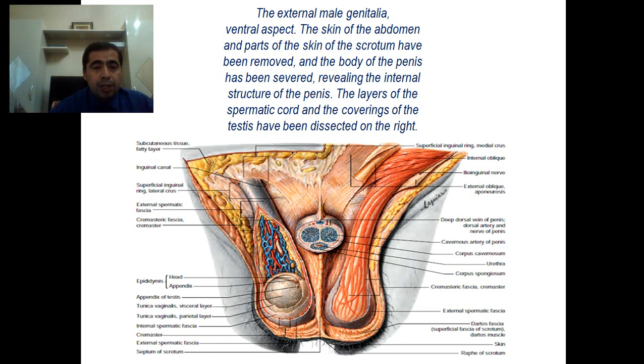During this process, the testes descend into the scrotal cavity together with their coverings, which means the layers known in the abdominal region, like the superficial fascia or the transverse fascia, change their names. It's a very important moment for understanding the coverings of the penis, the spermatic cord, and the testes.